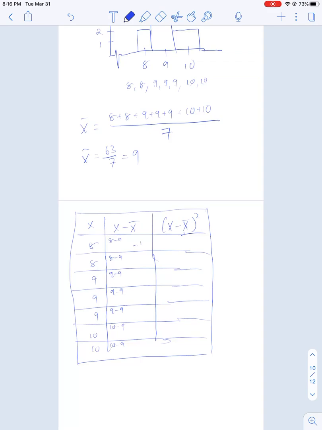And we see we get -1, -1, 0, 0, 0, 1, and 1. And once again, we take each one of these to the power of 2. And once again, negatives should always be in parentheses if you're using your calculator.